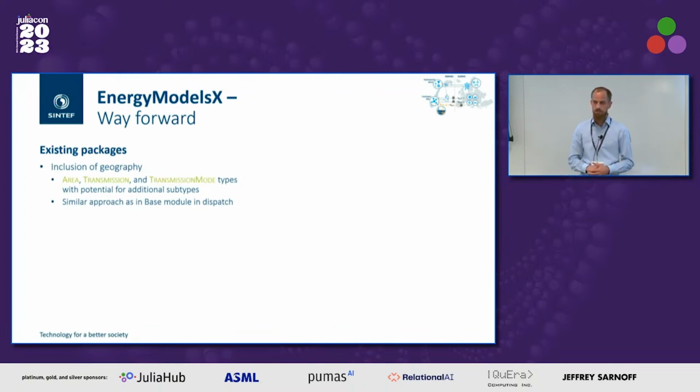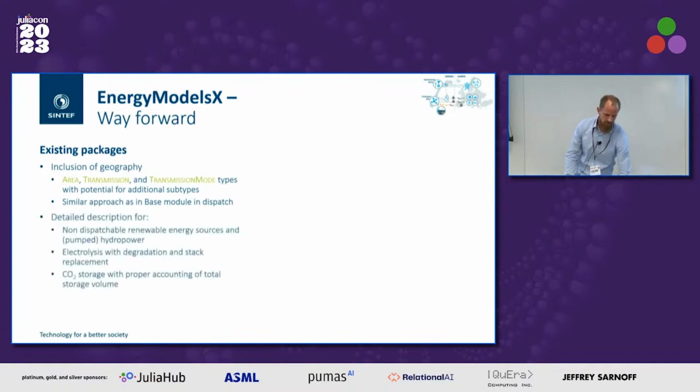The interesting part with the areas is that you can add additional constraints on different types of areas, saying that from a given area you cannot export too much. That is in Norway a rather interesting discussion right now due to the energy crisis in Europe. Most of the approaches which we follow in geography are similar to the base package. So if you understand the base package, you understand how it's done in the geography package.